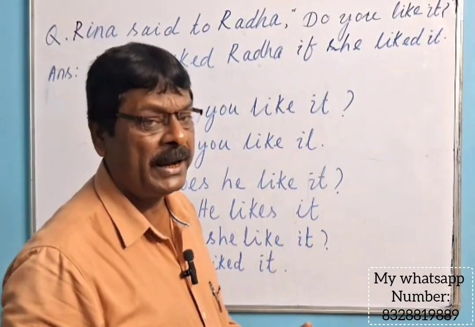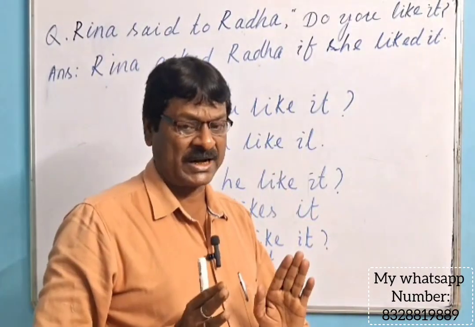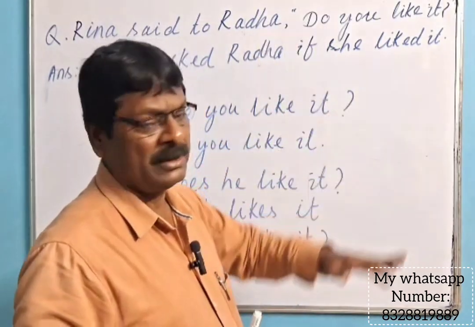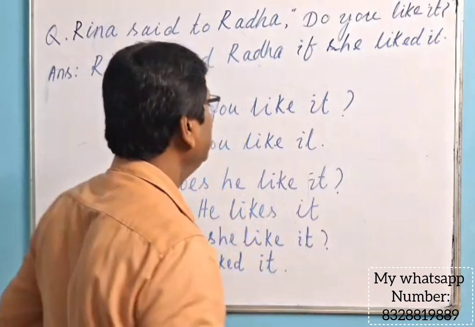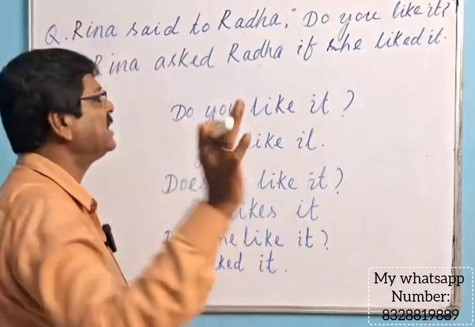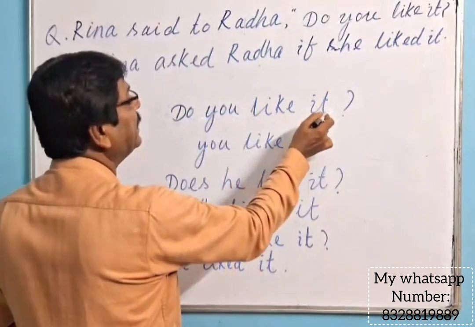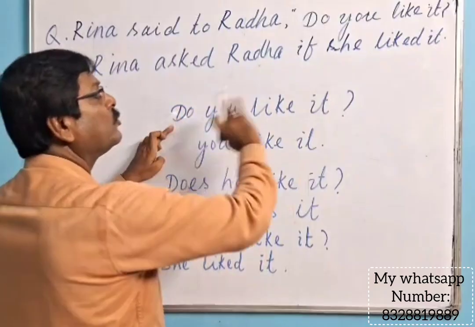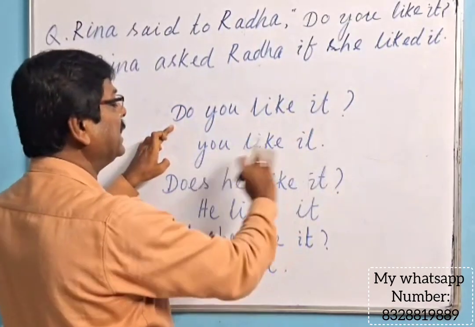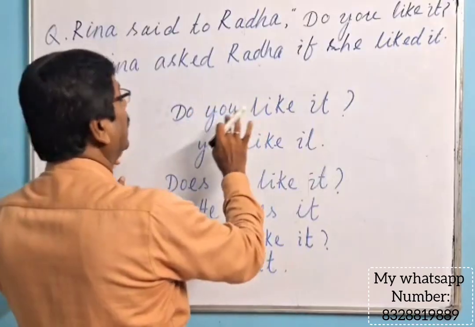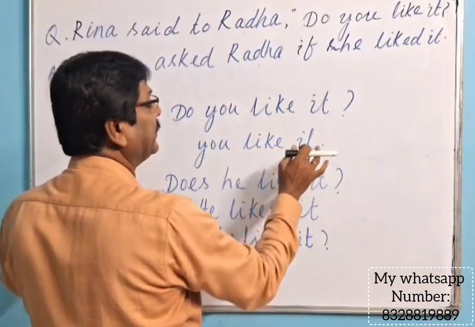Pay attention and try to understand what to do before converting from direct speech to indirect speech. In your mind, you change it like this. "Do you like it?" If you convert it from question to statement or declarative sentence, it will be "You like it."